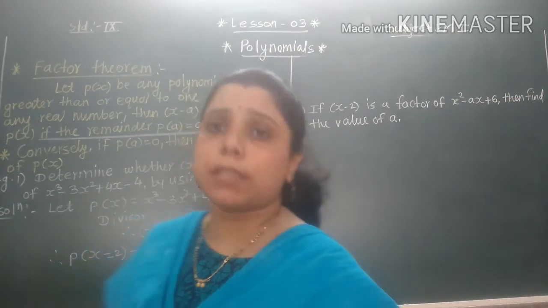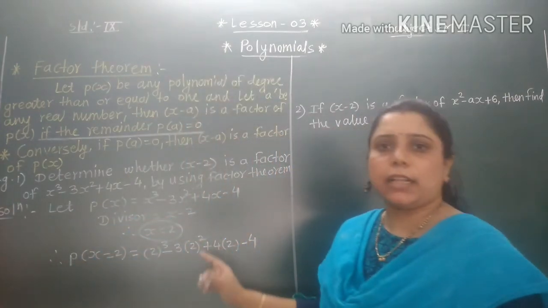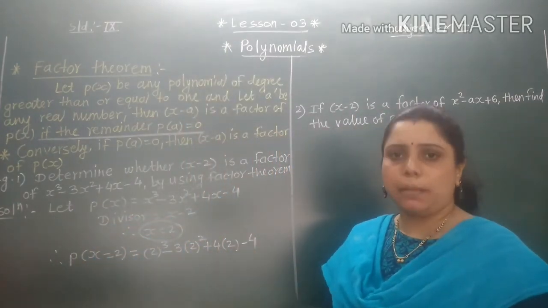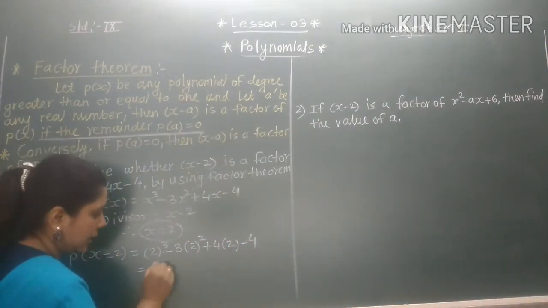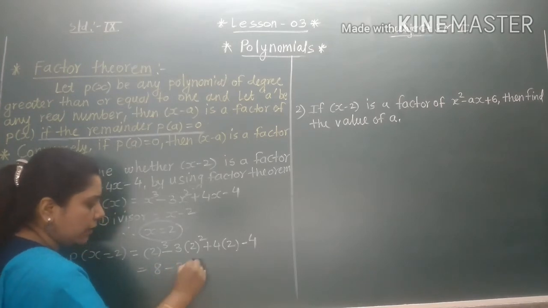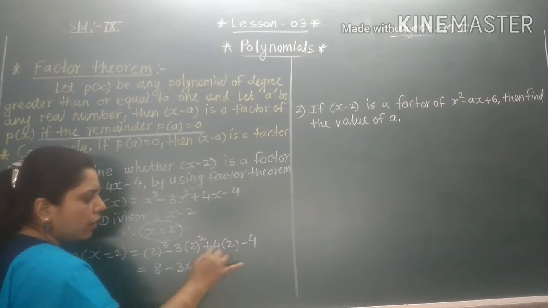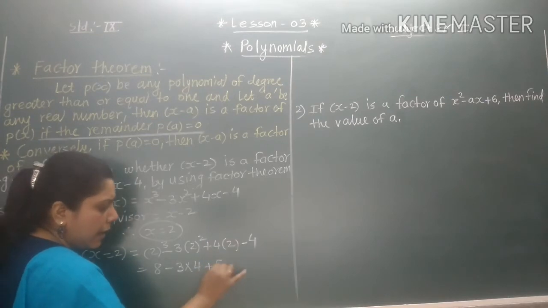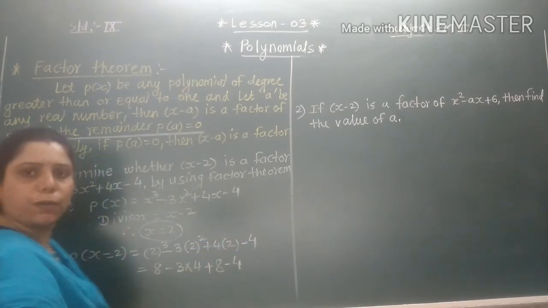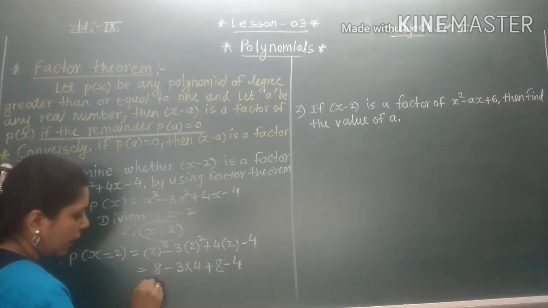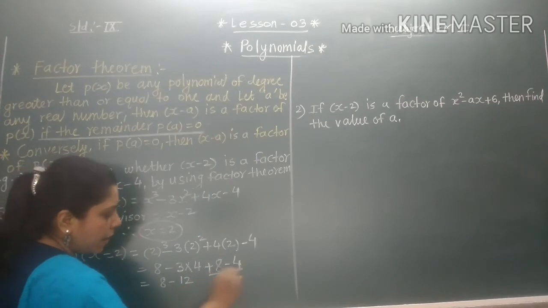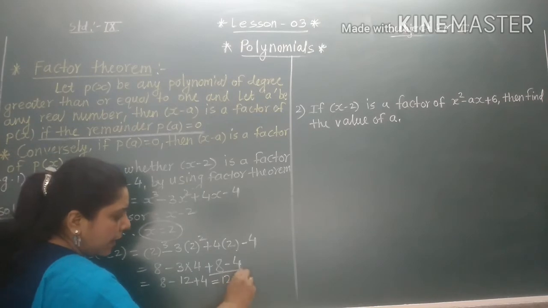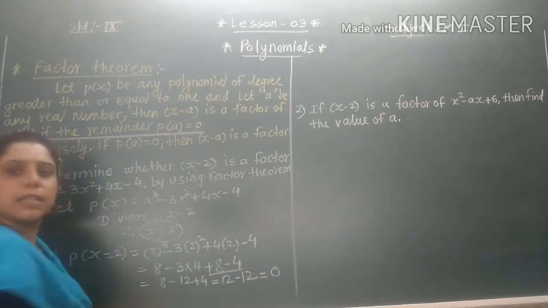Now you have to simplify it. Take the cube, take the square, do the multiplication. 2 cubed is 8, minus 3 into 2 squared, which is 4, plus 4 twos are 8, minus 4. So here I can write 8 minus 12 plus 8 minus 4, which is 0.